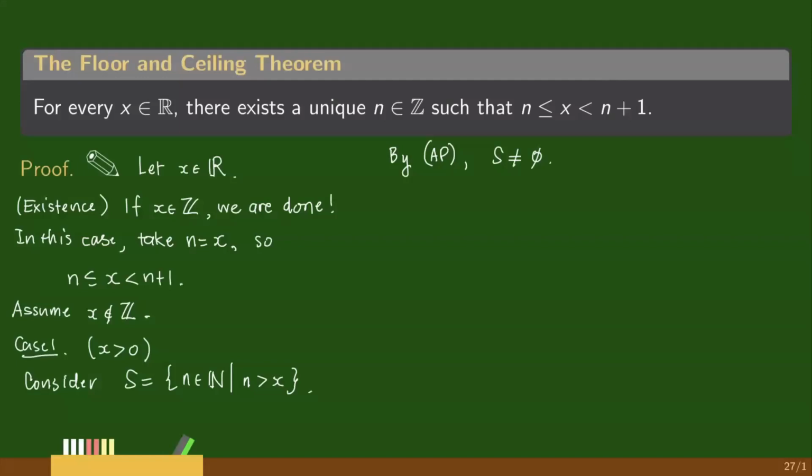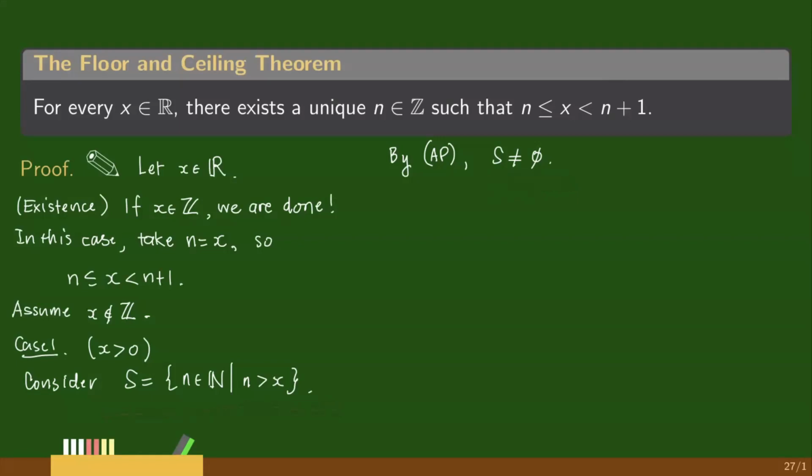Kaya yung set na ito, hindi yan mauubusan ng laman. Meron palaging element yan. Hindi nga lang natin alam kung ano, basta ginagaranti ng Archimedean property, it's always the case that there's an n for which n is greater than x. Okay, nasusundan pa so far.